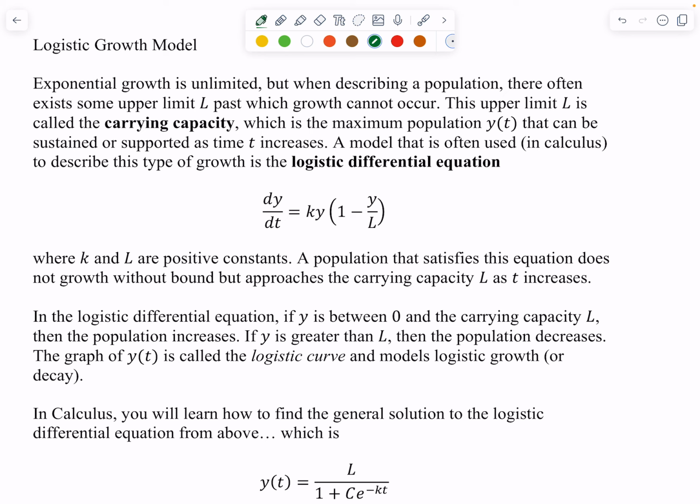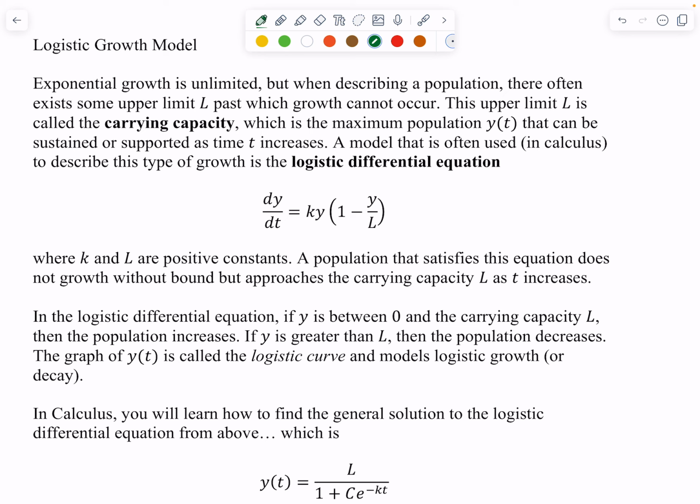However, when describing a population, there often exists an upper limit L, past which growth cannot occur. So this upper limit L is called the carrying capacity, which is the maximum population that can be sustained or supported at time t as time t increases.